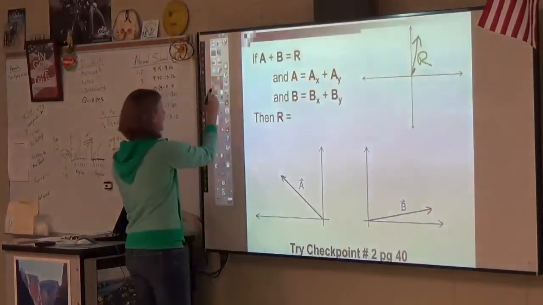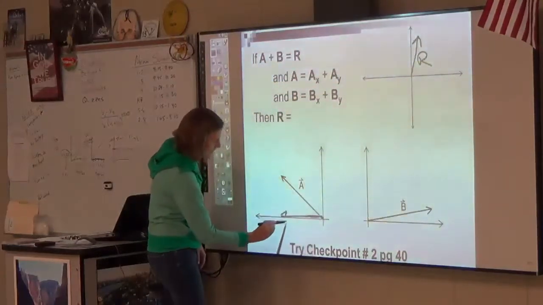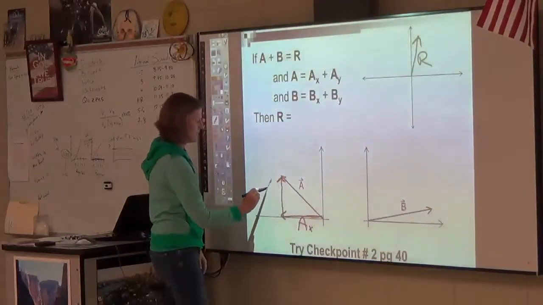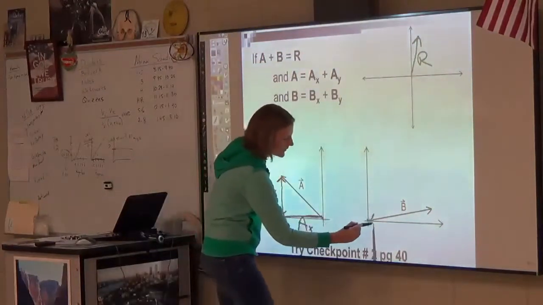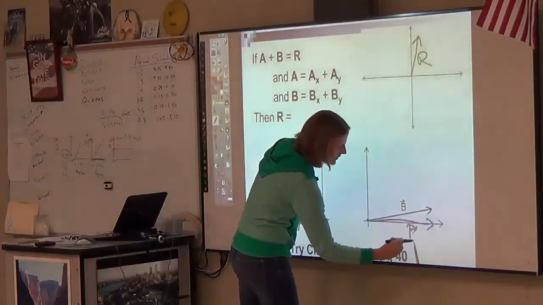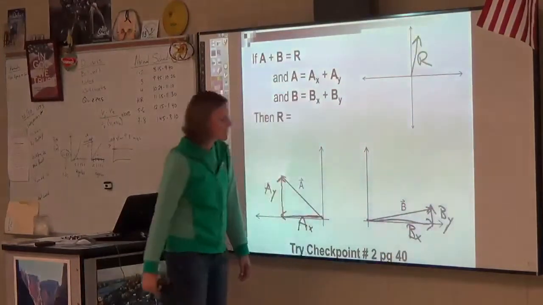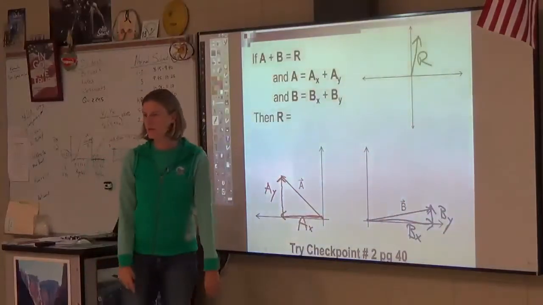And this time, instead of dealing with A, I'm going to look at the components of A, AX and AY. And I'm going to look at the components of B, so BX, to the best of my drawing ability, and BY. And we typically combine the x's together and combine the y's together.